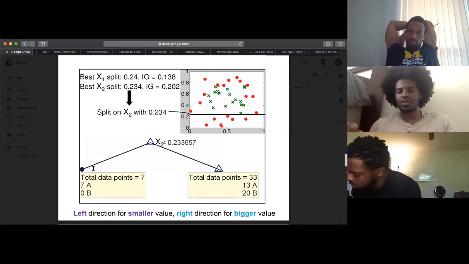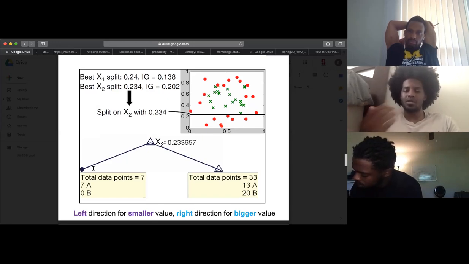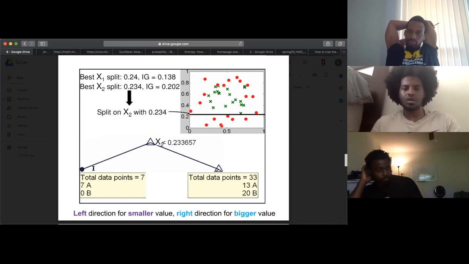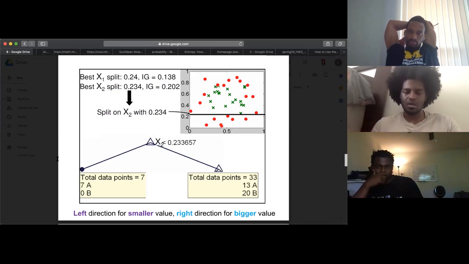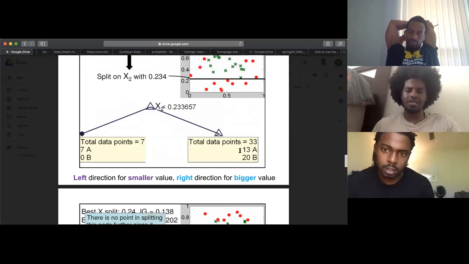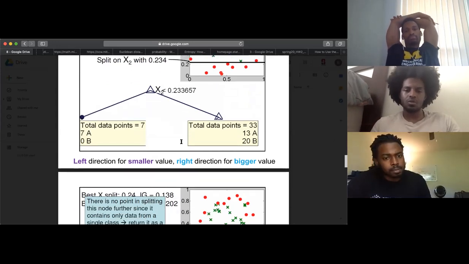The rest of your data goes to the right. Now you have to select the next best attribute by calculating the information gain for that, and figuring out which probability would be the best place to split. So now you have 13 Class A examples and 20 Class B examples. So you'll need to split again.